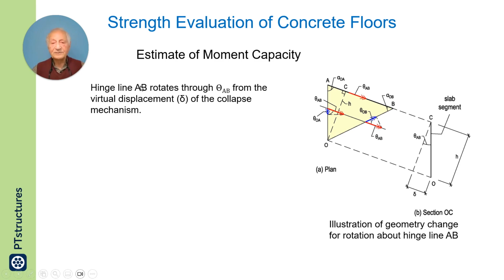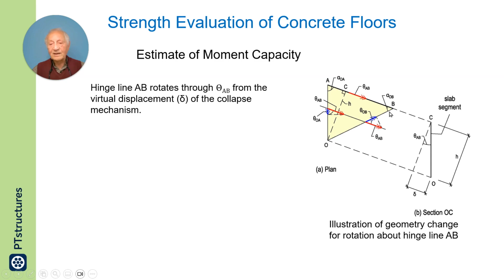For example, for the moment capacity of this segment, where this is the hinge line, this is the tip that comes down. Work will be done along here, and also along the hinge line here and the hinge line here. Along each hinge line there will be a moment and rotation.